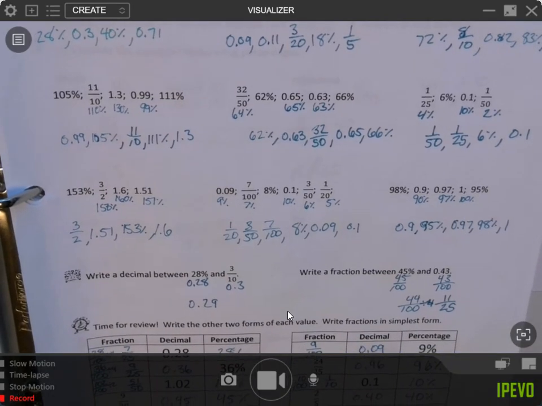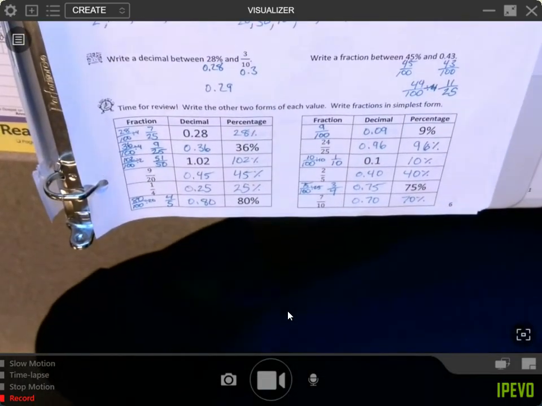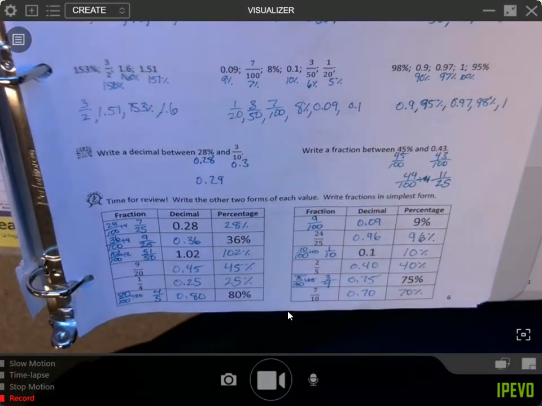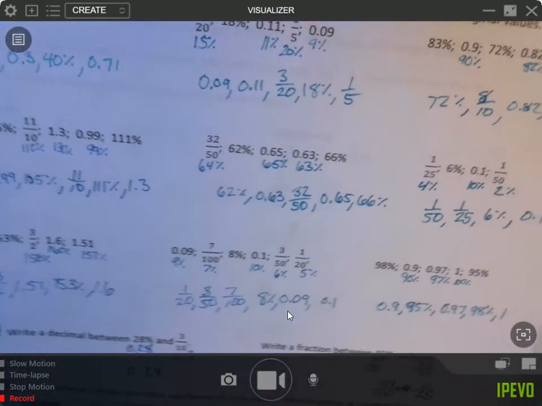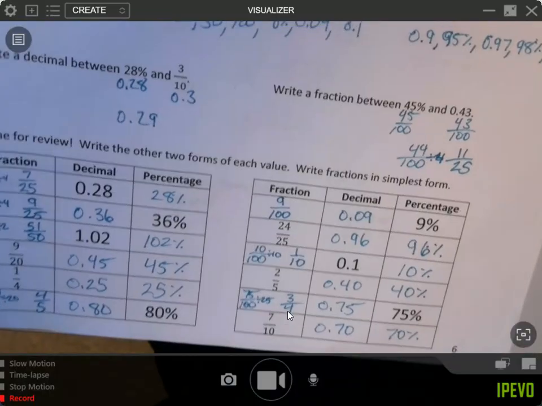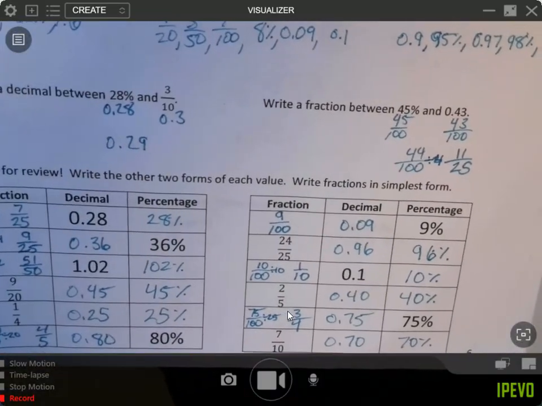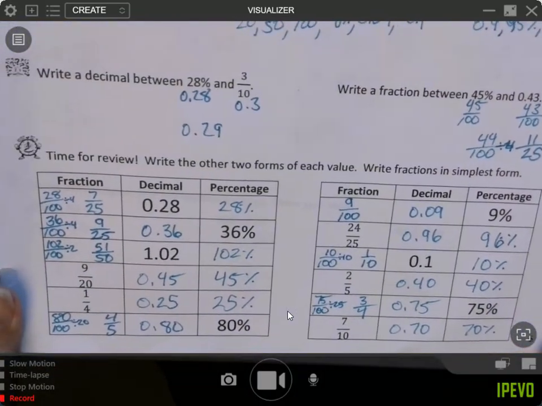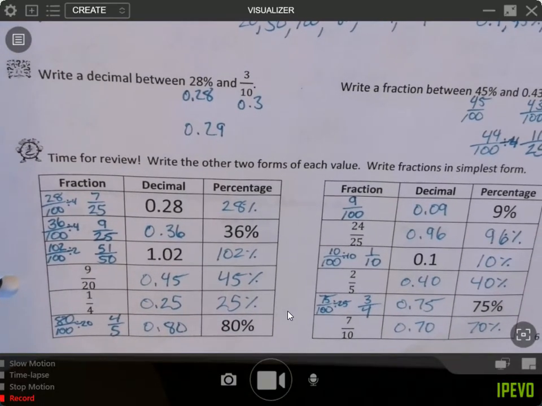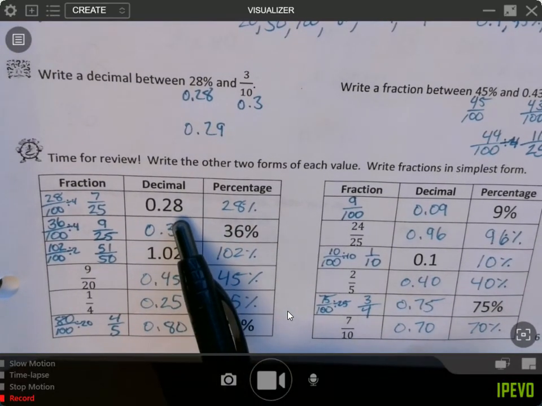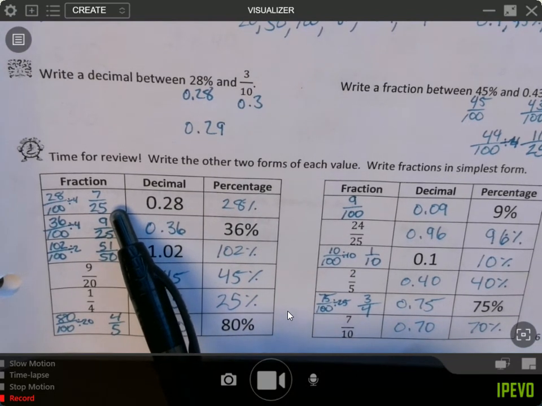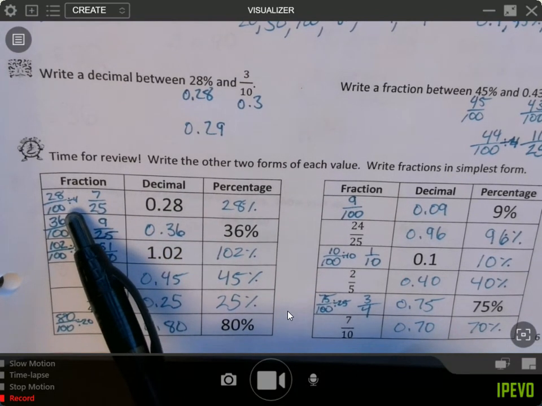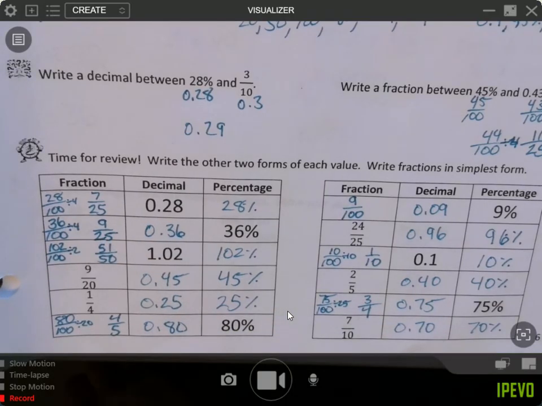Then we have our review, converting back and forth. Trying to get this closer so we can see it better. All right. So for the 0.28, the answer would be 7/25ths as the fraction. If you put 28/100ths, why would that be wrong? Emma?